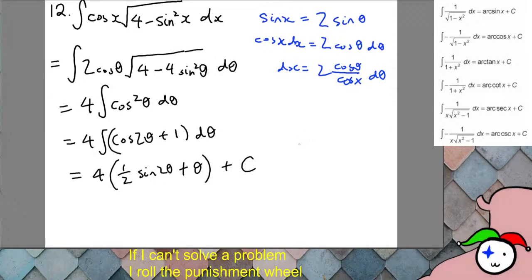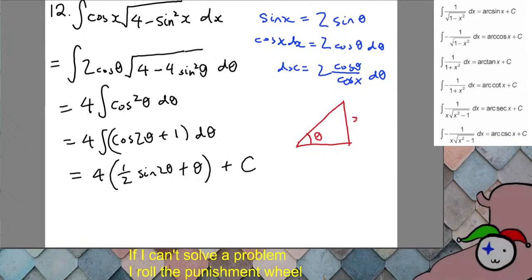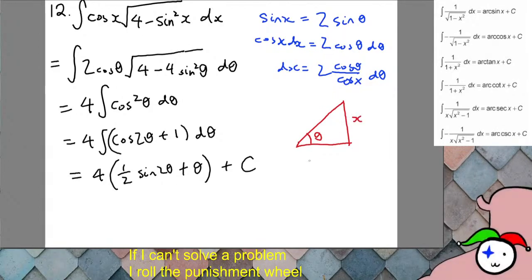So somehow, if we want to draw something similar to a diagram, we have something like theta, x, square root of 4 minus x square. Wait, hang on, let's not do x, because x has already been used. Not x, something that's not x.